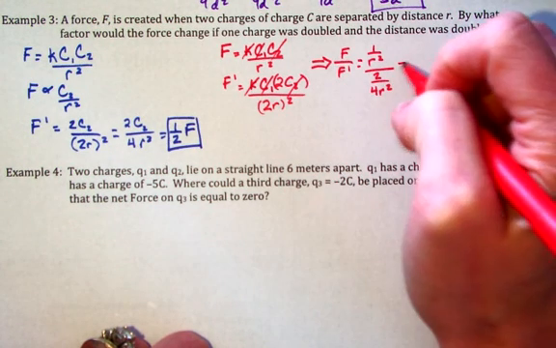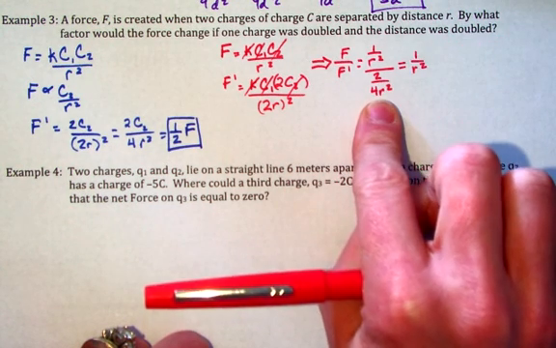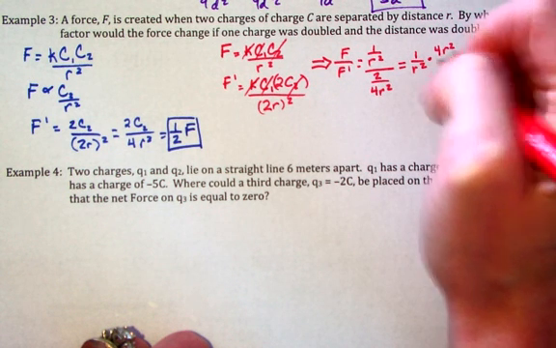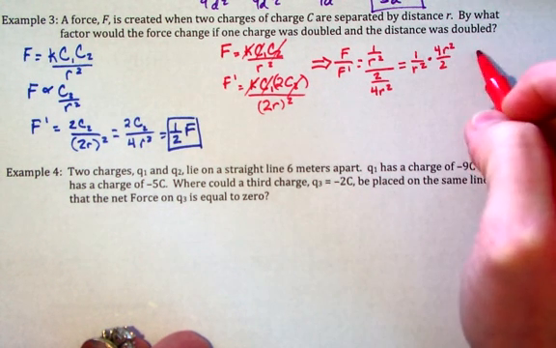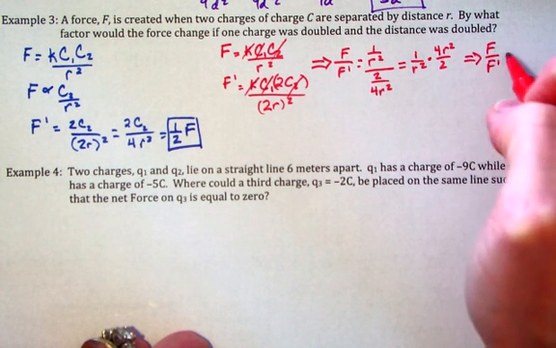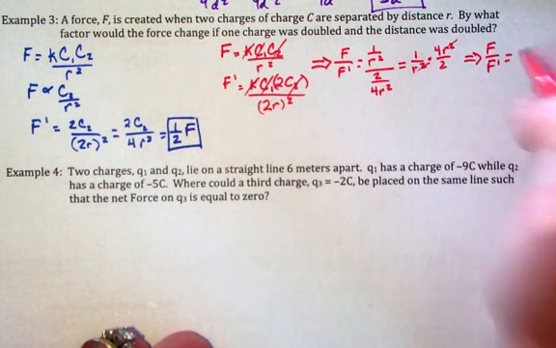But what I can do then is take my 1 over r squared and multiply by the reciprocal. So that's times 4r squared over 2. So then I'm left with F over F prime equals, well, the r squareds will cancel, and 4 over 2 is just 2.